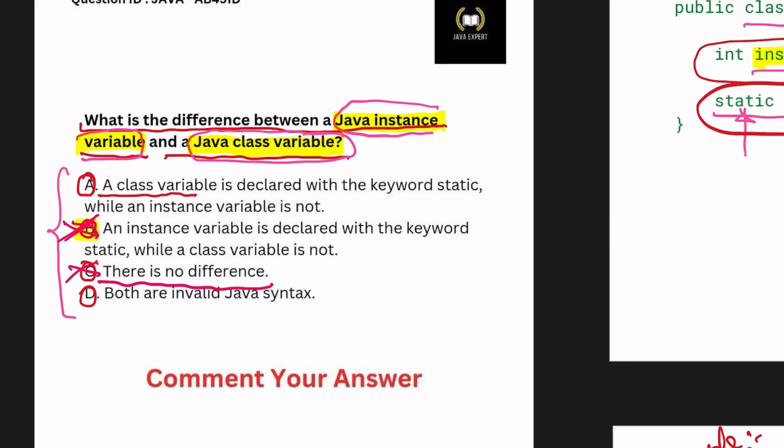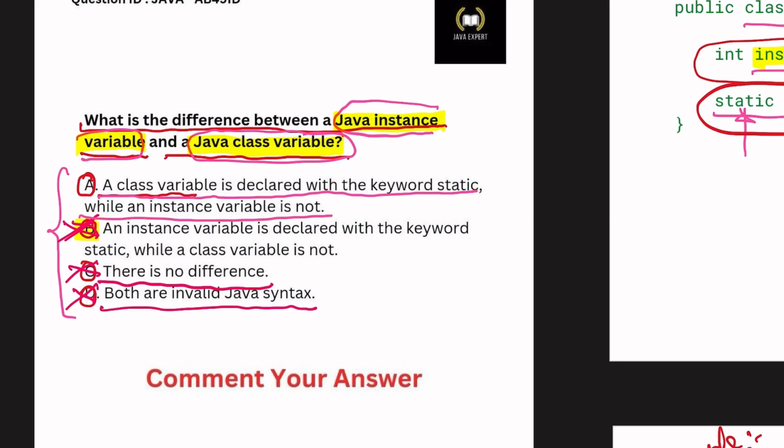Okay, let's check option D: both are invalid Java syntax. Both instance and class variables are valid Java syntax and commonly used. So that is why option D is wrong. Now let's come back to option A: a class variable is declared with keyword static while an instance variable is not.